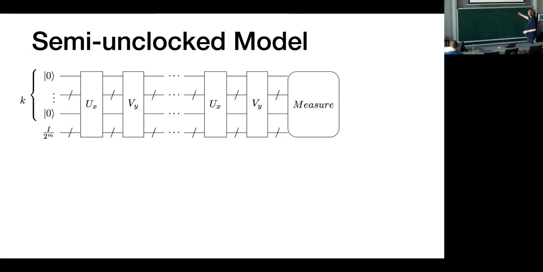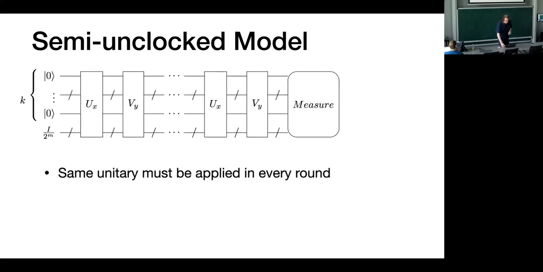But in every round, it has to be the same unitary, one for Alice, one for Bob, depending on X and Y, but not on the particular round. However, at some point, somebody has to say, this is the end, right? That's why I call this semi-unclocked, because there's a time bound. They say after R rounds, I'll stop, but you cannot really use this information. And actually, the difference between these models is not that large, as we shall see.